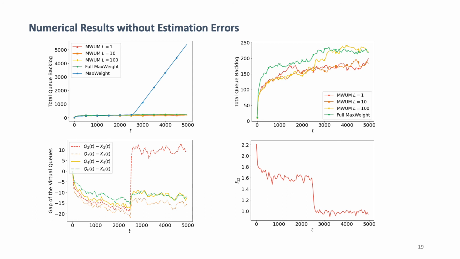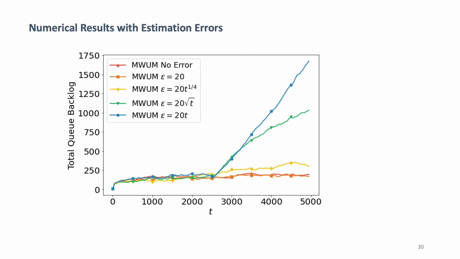We decrease our transmission rate from node 1 to node 2 so that the queue backlog at node 2 won't get accumulated. We finally show the results of our algorithm when there were estimation errors. As we can see, as long as the estimation error was sublinear in t, our algorithm still reaches rate stability.